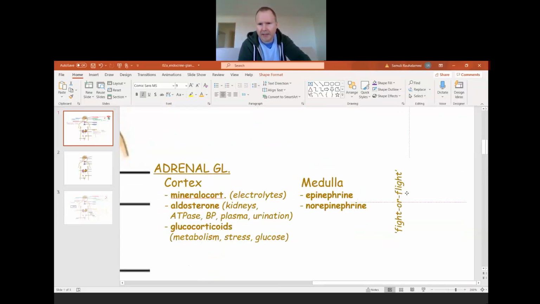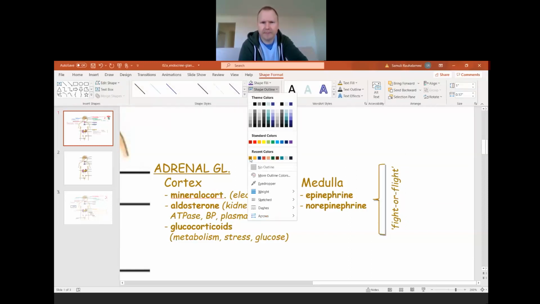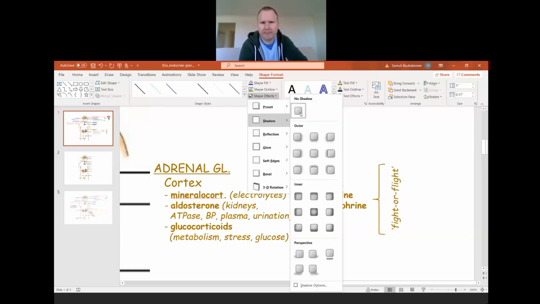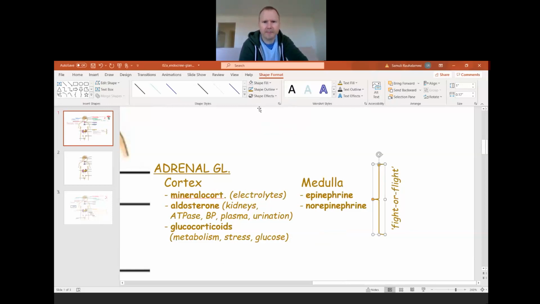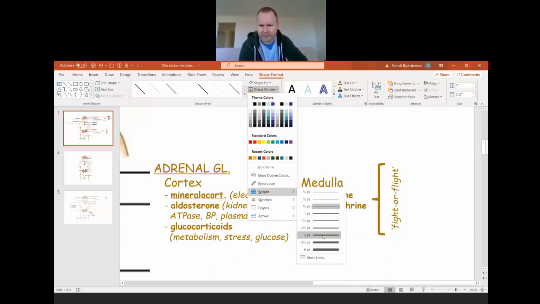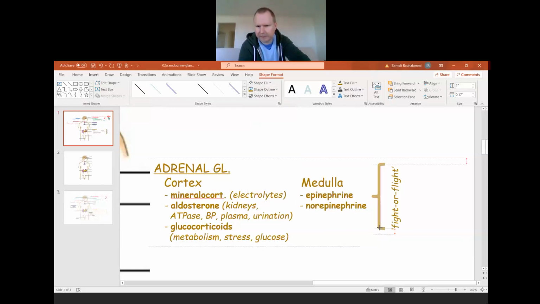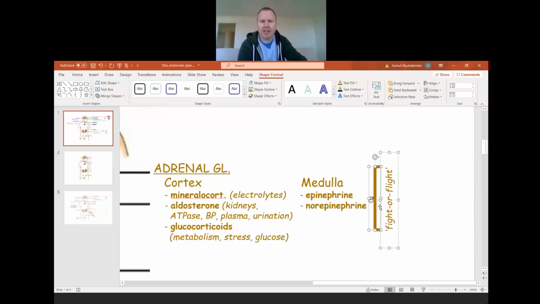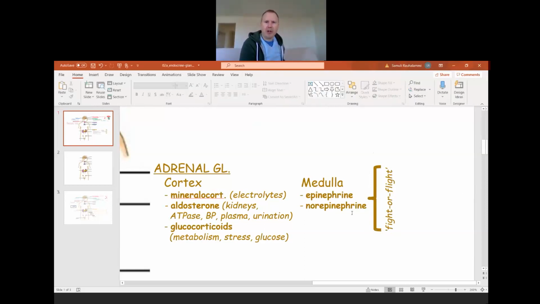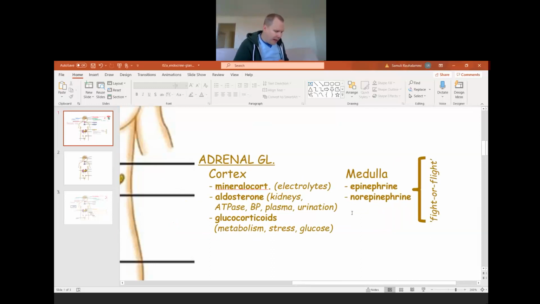So I'm just going to make a note here about that. So these two play a major role in regulation of that. That's really our adrenal gland.